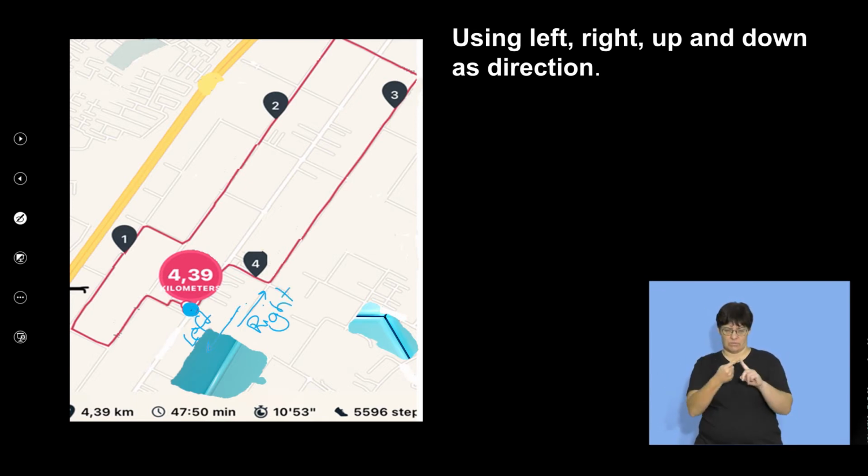So now if we look at this, she went up a little bit, and that's probably about 50 meters. So if we had to describe this, we could say she went 50 meters up from her starting point, okay? So she went up 50 meters.